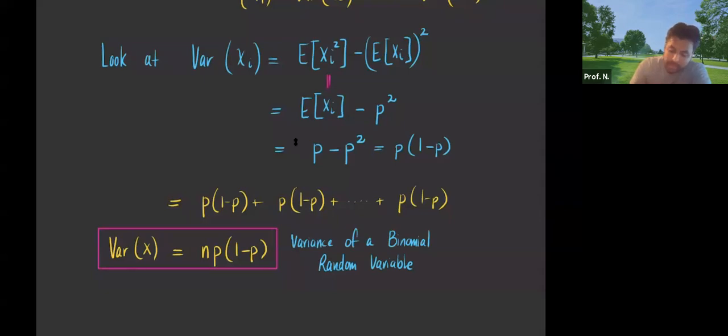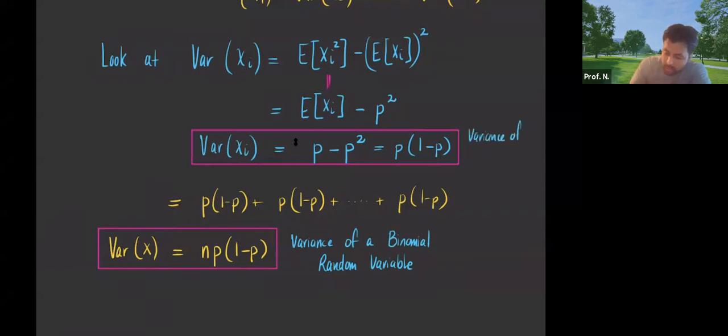This here is the variance of a Bernoulli random variable.